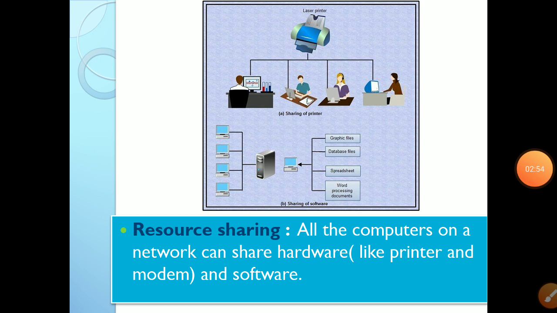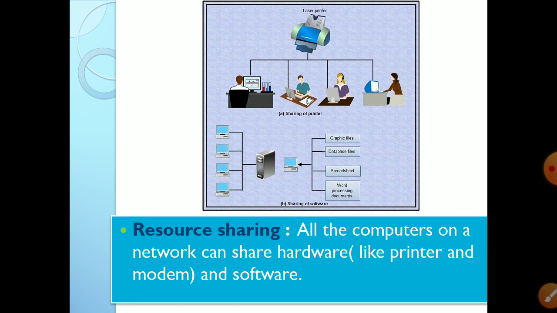The next topic is resource sharing. In resource sharing, all the computers on a network can share hardware, like a printer or modem or any other devices, as well as software. In this diagram, the printer is connected in the network and all the employees are connected to the printer because they are all in the same network.